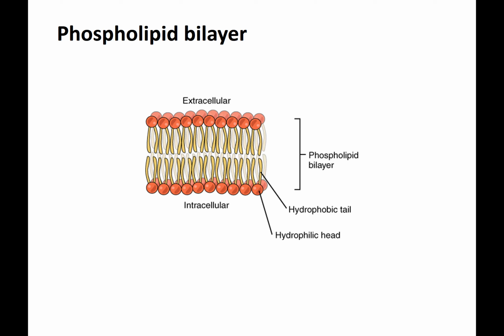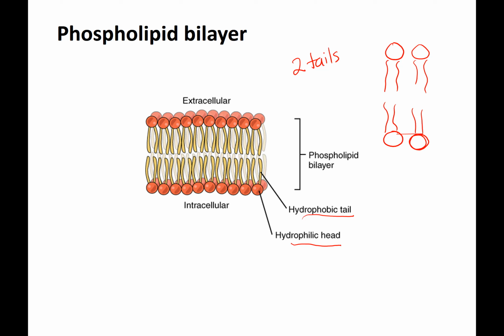Okay, so again, close-up look of your phospholipid bilayer, hydrophobic tail, hydrophilic head. You can just draw it. That's as much art as you need to be able to do. The key is that you're drawing two tails, two fatty acids.